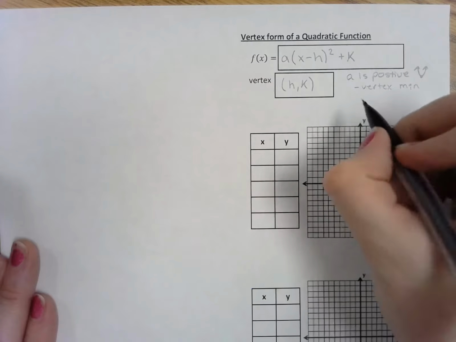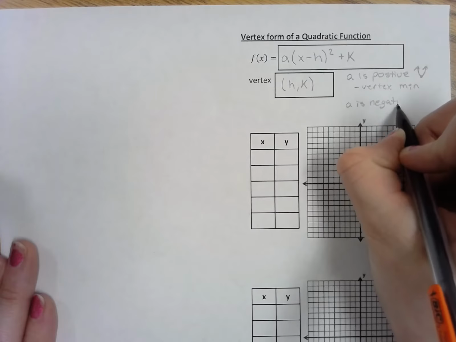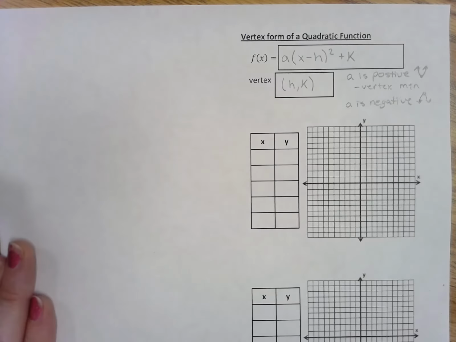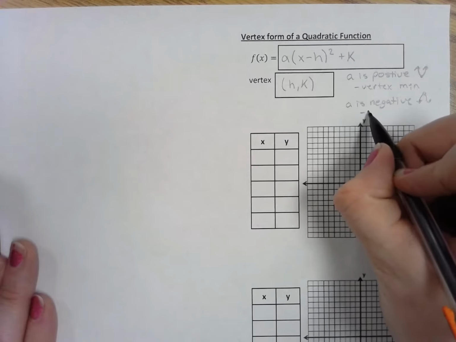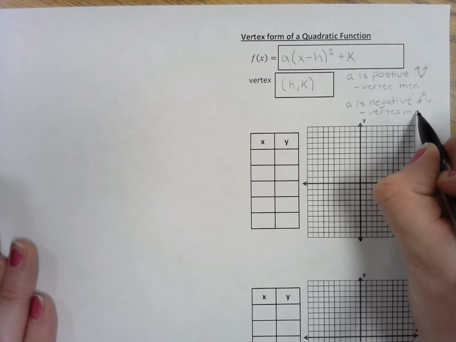If our a is negative, again, that means it will open towards the negatives. Here's my vertex. It's the highest point on the graph, so the vertex will be a maximum.